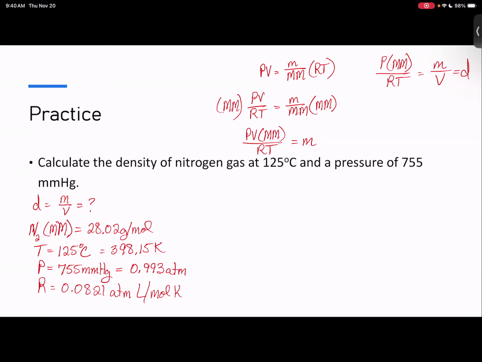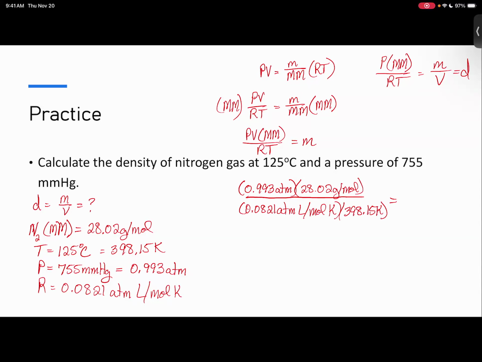So the question is, do we have the pressure? Yes. Do we have the molar mass of the gas? Yes. Do we have R? Yes. Do we have temperature? Yes. So we can do this calculation. The pressure is 0.993 atmospheres times the molar mass of the gas, 28.02 grams per mole, divided by R, which is 0.0821 atmosphere liters per mole Kelvin, times the temperature of 398.15 Kelvin.